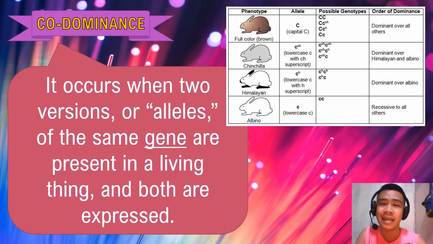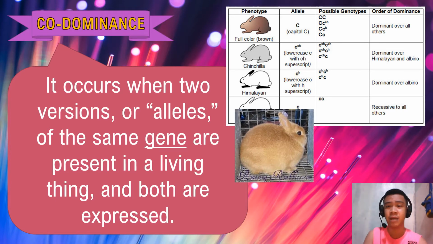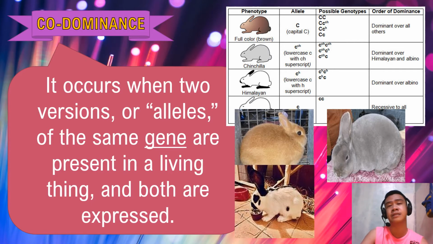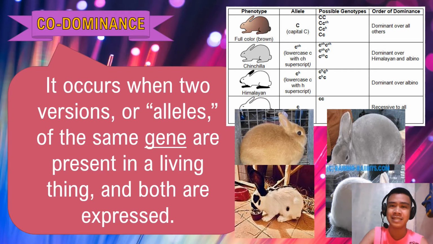So in this case, the full color brown is completely dominant to all the others. The chinchilla is incompletely dominant to the Himalayan and albino alleles. The Himalayan allele is completely dominant to the albino allele, and the albino rabbit is recessive to all.